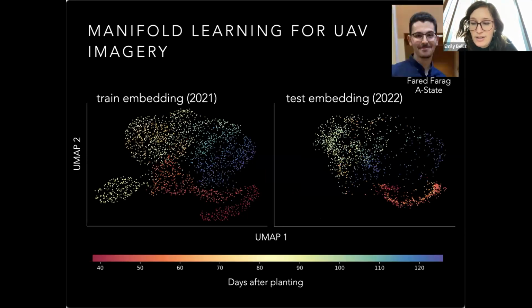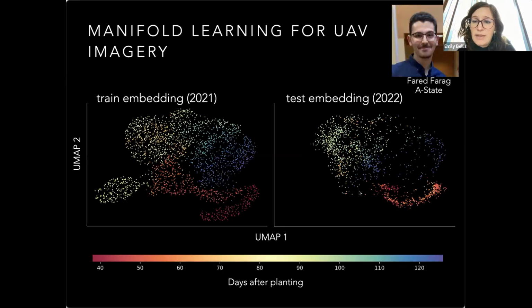This is still from the 49 vegetation indices. So here's the training. Each point in this figure represents a different rice plot at a different time point. So you can see there's definitely a trajectory here from early planting to late planting. That's how we train the embedding on that 2021 data.